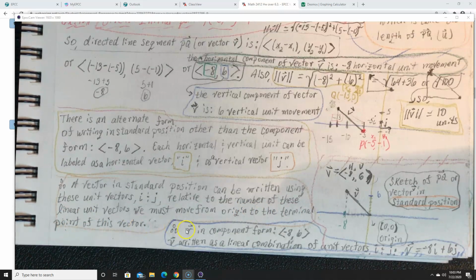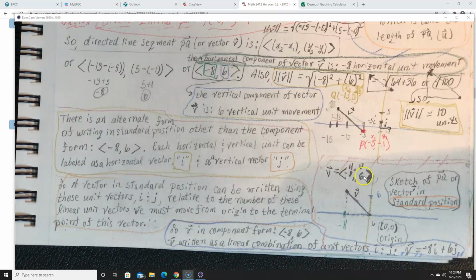Therefore, our vector v, which came from the directed line segment PQ, P had this initial point, Q this terminal point, and then we moved it into standard position, and we know it's -8 horizontal units and then 6 vertical units. So here's the component form, -8, 6.